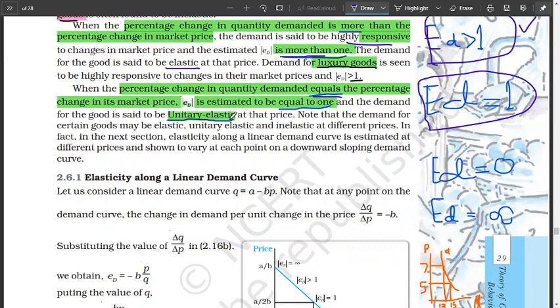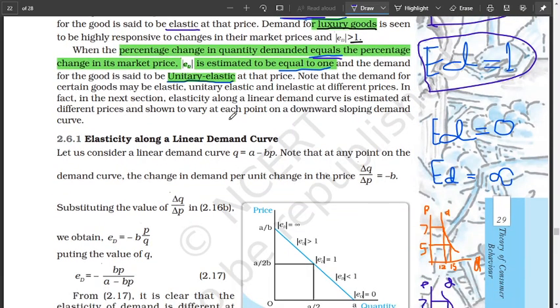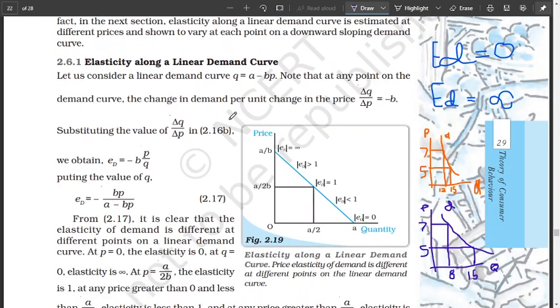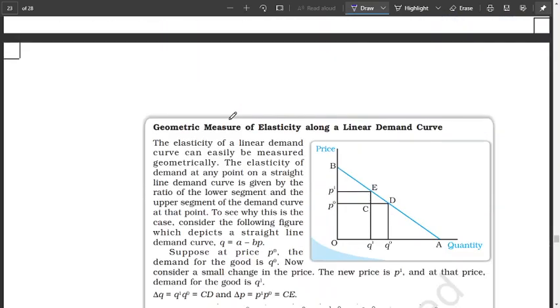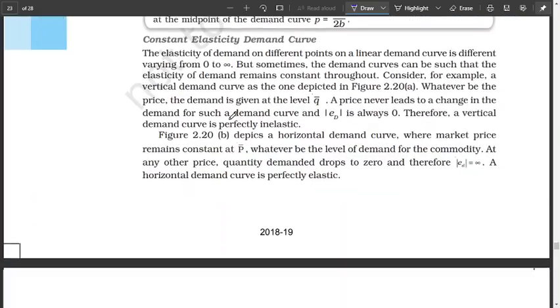Suppose the percentage change in quantity demanded is 40%. The percentage change in price is 40%. So the elasticity is 40 by 40, which is equal to 1. Then in that case, whatever the change in price, your response is exactly equal to that change in price. So that is the third type of elasticity, which is equal to 1.